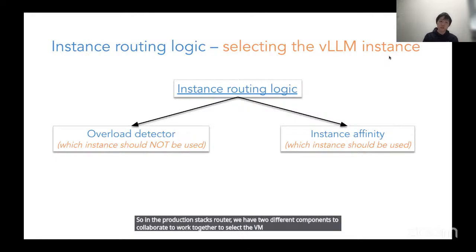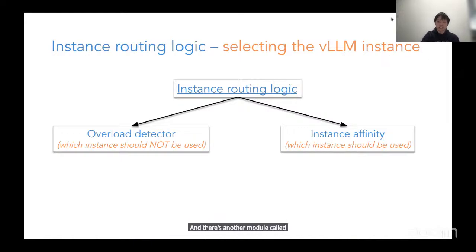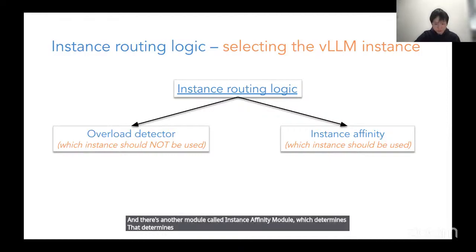One is called the overload detector, which is basically working on the load balancing, and it detects which instance should not be used. And there's another module called the instance affinity module, which determines which instance should be used.